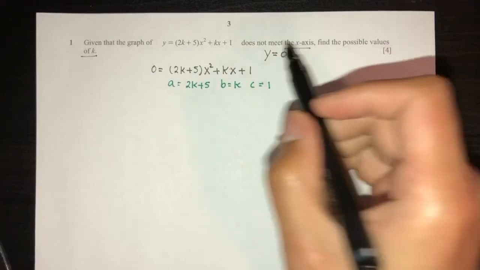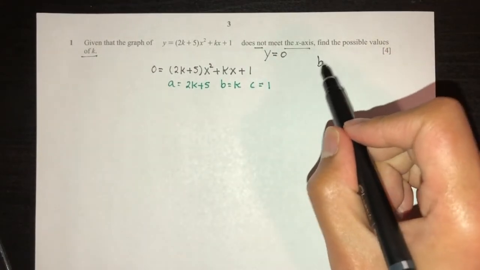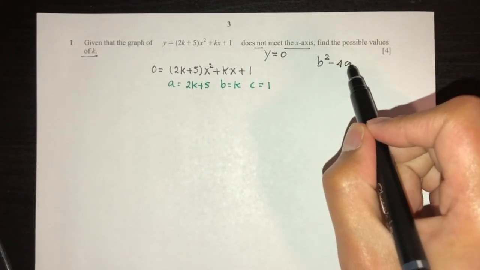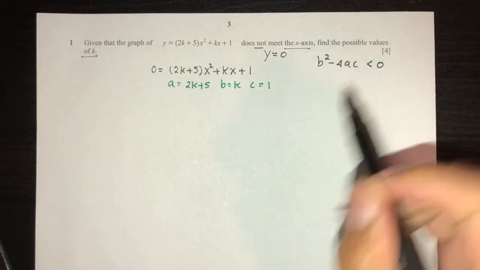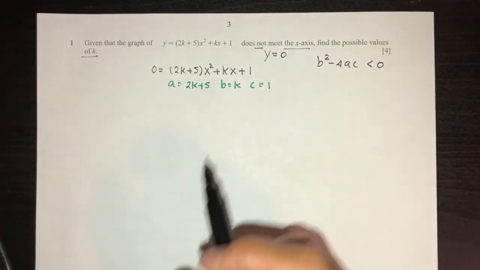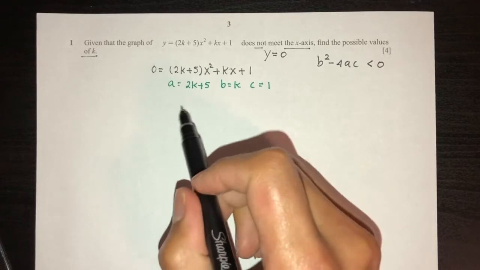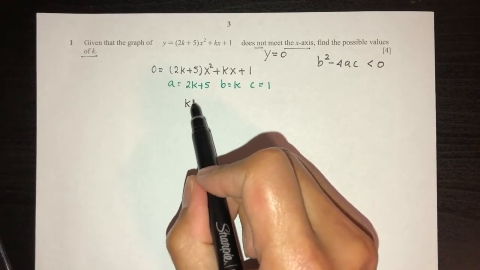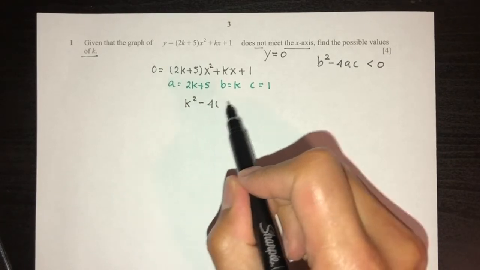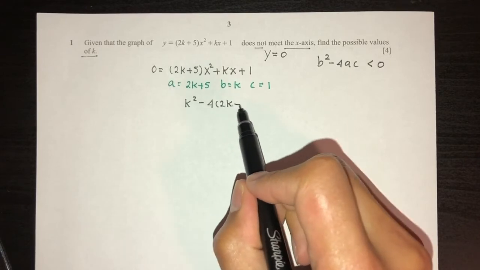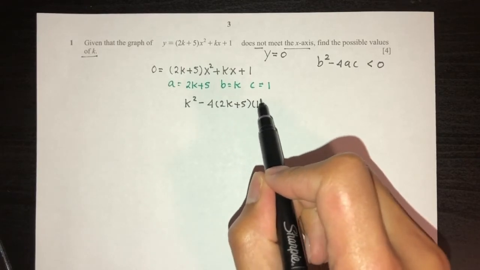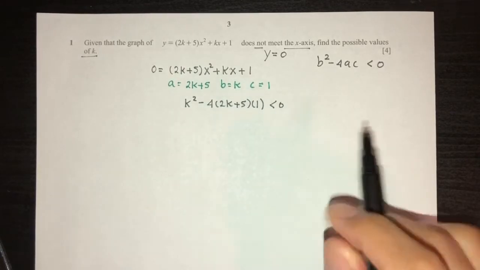Because it does not meet, we have to know that b squared minus 4ac is less than 0. So let's find b squared minus 4ac. So b squared, that will be k squared minus 4 times a times c must be less than 0.